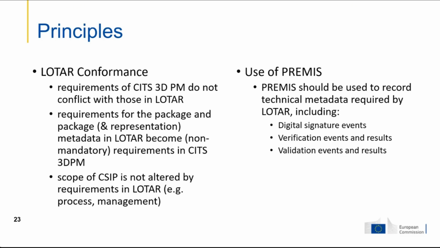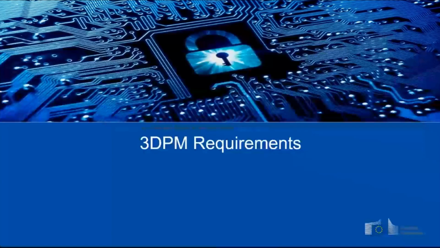Secondly, we build on the CSIP recommendation for PREMIS, that we should use PREMIS to record technical metadata. And this is one of the important things that's come out of the LOTAR basis, and that is that the requirements of LOTAR, such as digital signature events, verification and validation events, can be recorded within PREMIS and thus meet the recommendations of the archiving specifications.